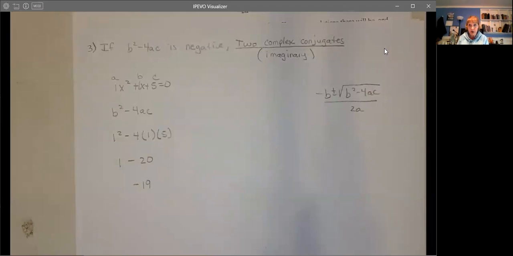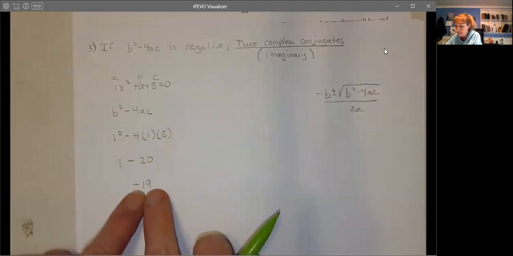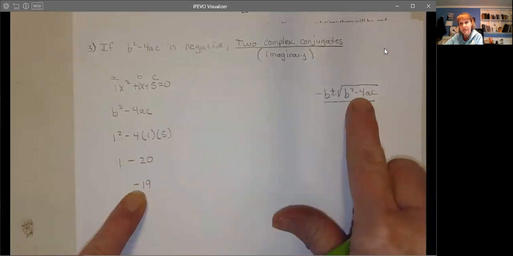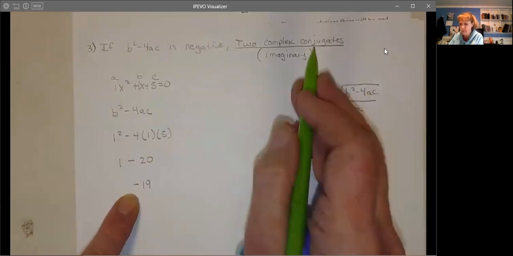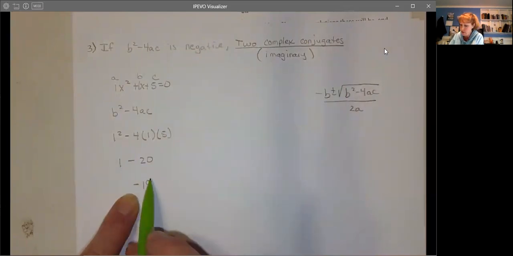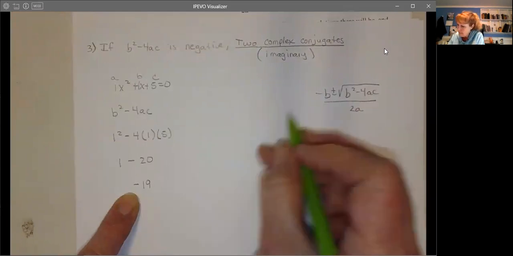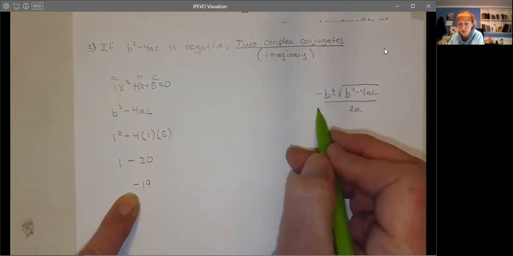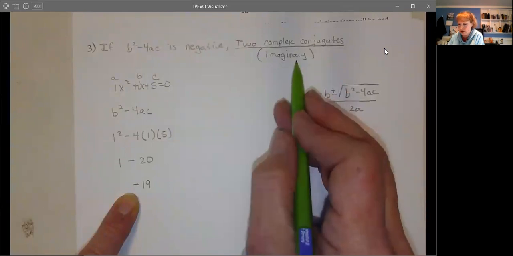Why is this imaginary? Why do we have a complex number? Because when we put that back in, we're going to have a negative under the radical, which makes it imaginary. So let's finish it knowing we will have 2 complex conjugates because our discriminant was negative. Here, let's find our 2 complex conjugates.